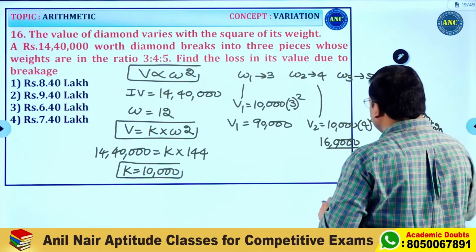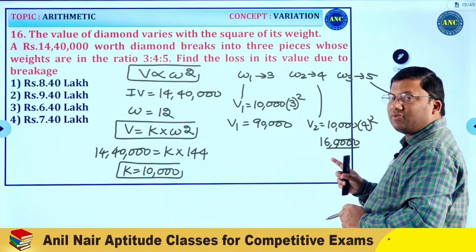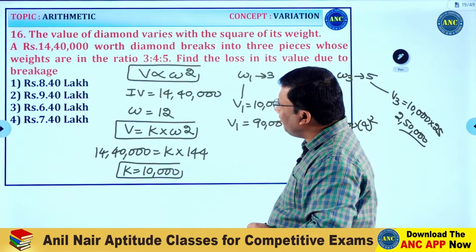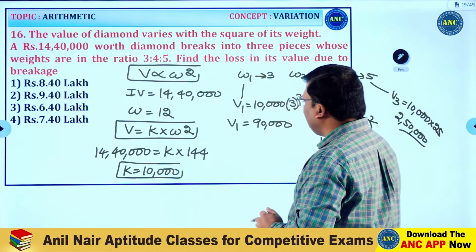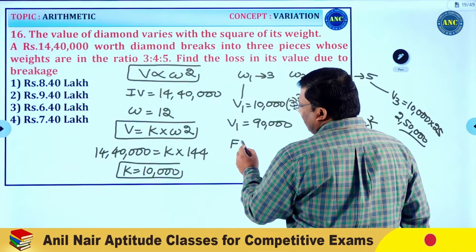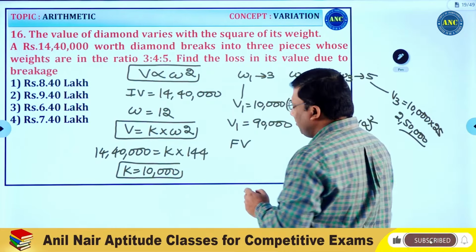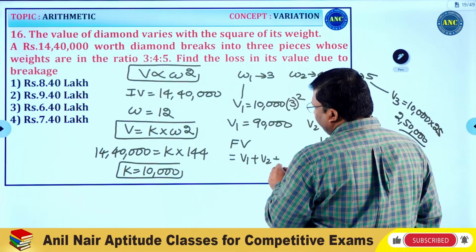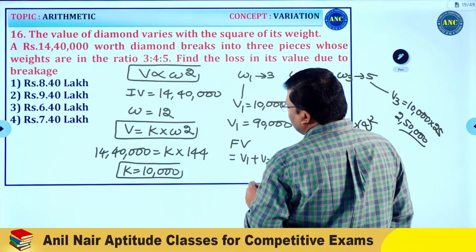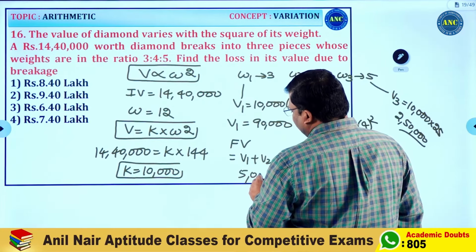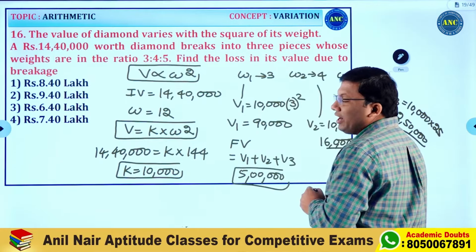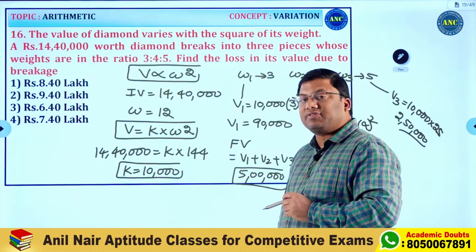2,50,000 plus 1,60,000 is 4,10,000, plus 90,000 is 5 lakhs. Final value of these 3 diamonds is V1 plus V2 plus V3, which is 5 lakhs. That means originally it is 14,40,000, now it is 5 lakhs.